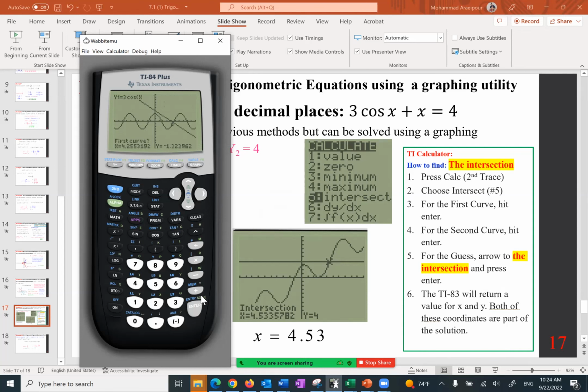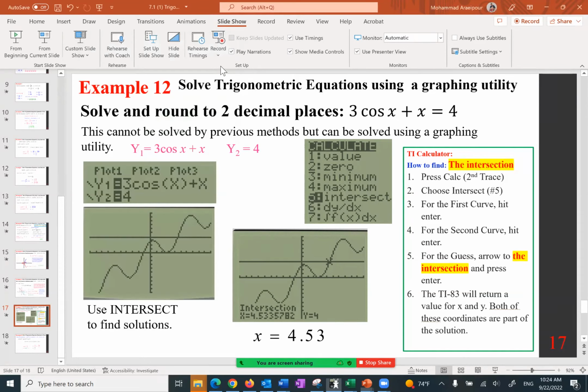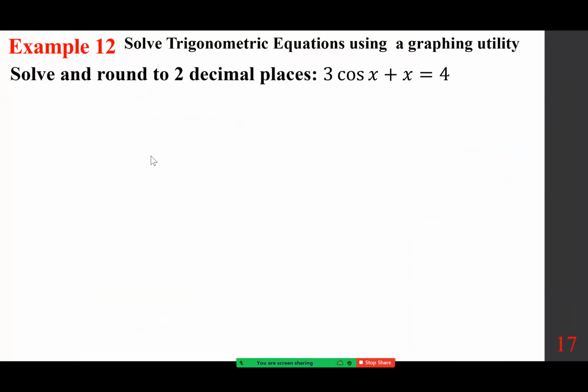This is one of them, let's say. You enter. Second curve, enter. And it gives you the answer. As you can see here, the answer is just what we have here. This is a different graph because I used 3 cosine x and then 4 minus x, but it gives you the same answer. So that's a second methodology.